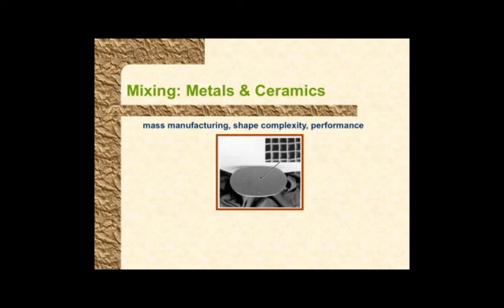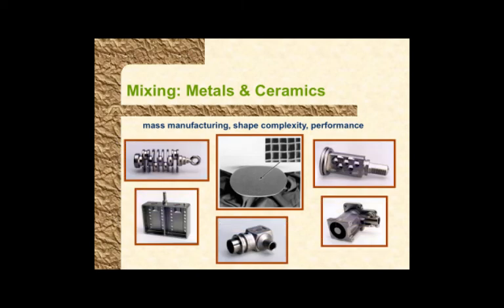And now that surface is coated with a catalyst, and exhaust gases coming around can get burnt out more completely, and emissions can be controlled. Right? So mixing is important here, and these are all different kinds of injection molded components out of stainless steel, which are more complex in shape, right? And now you're dealing with a high volume fraction of powders, and this is the area that we'll focus on.